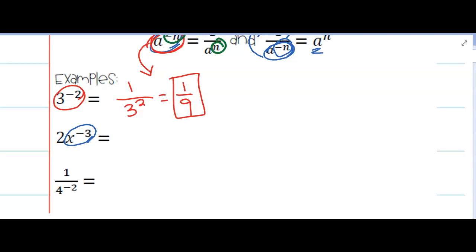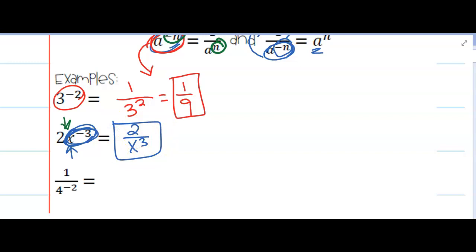When you notice your negative exponent, you're only going to move the base that has it. The 2 is going to stay in the numerator because the 2 doesn't have a negative exponent. The x does. So the x moves to the denominator and the negative 3 becomes a positive 3.